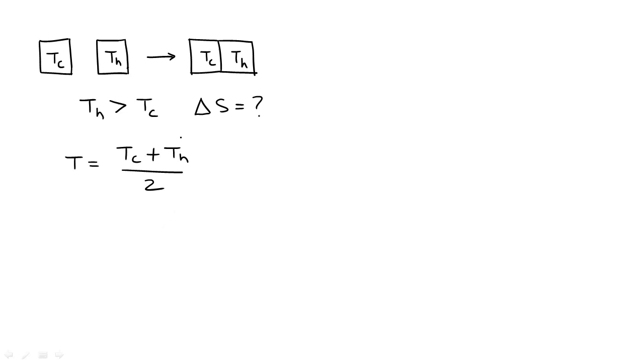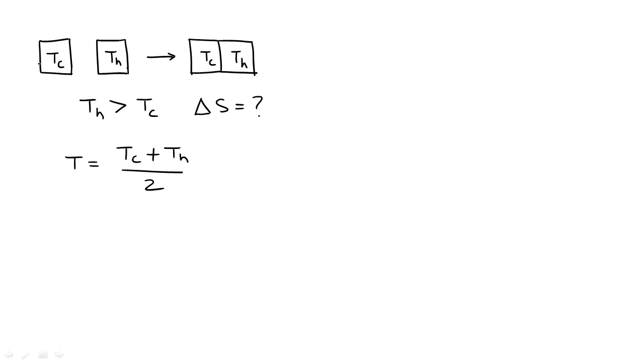Now this process of heat transfer is not a reversible process. So to calculate the change in entropy of each of these objects, we have to consider or imagine equivalent reversible processes.